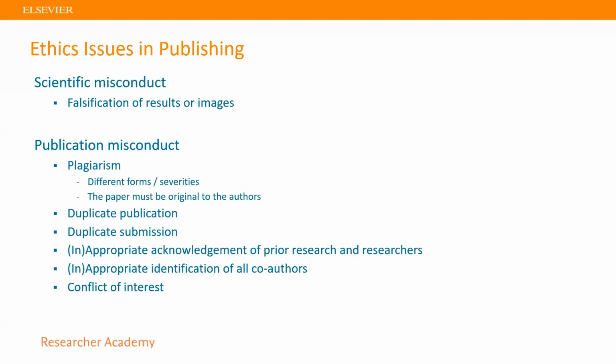Inappropriate acknowledgement of prior research and researchers, so not actually giving other people the credit that is due. Also inappropriate identification of co-authors, maybe leaving people out or adding people that didn't actually do anything. And of course, there's also conflict of interest.